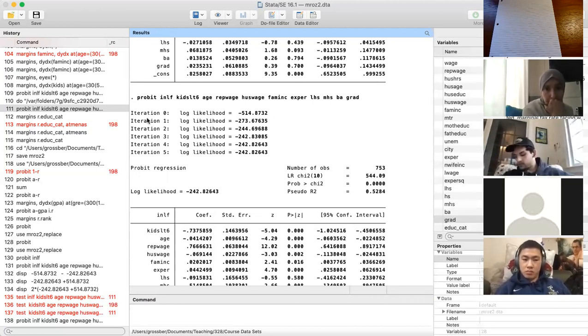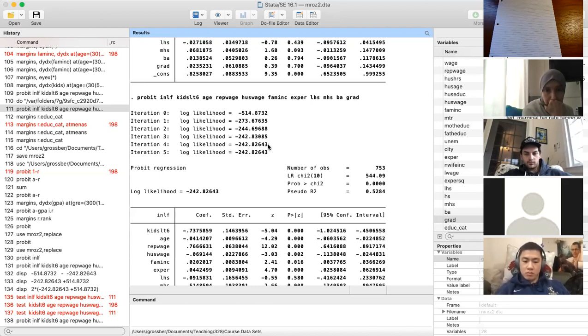The first thing it does is an ordinary least squares regression for starting points. And then it has methods for looking around to see whether it can adjust the estimated values to make the likelihood function larger. And it goes all the way from -514 to -273. That's a big jump. And you can see that it keeps on improving the fit.